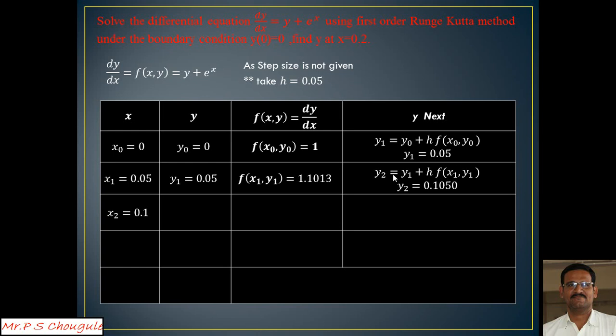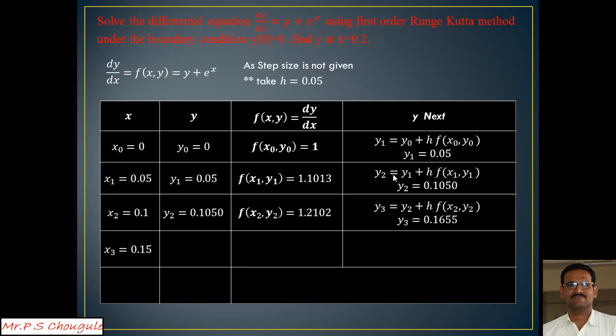So at x2 is equal to 0.1, the value of y2 which we have calculated is 0.1050. By putting these two values in the function, we will get f of x2, y2, 1.2102. Now y3 is equal to y2 plus h into function of x2, y2, so that we will get the value of y3.